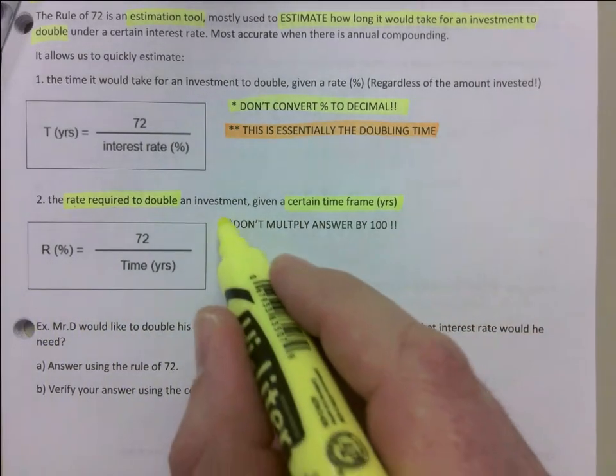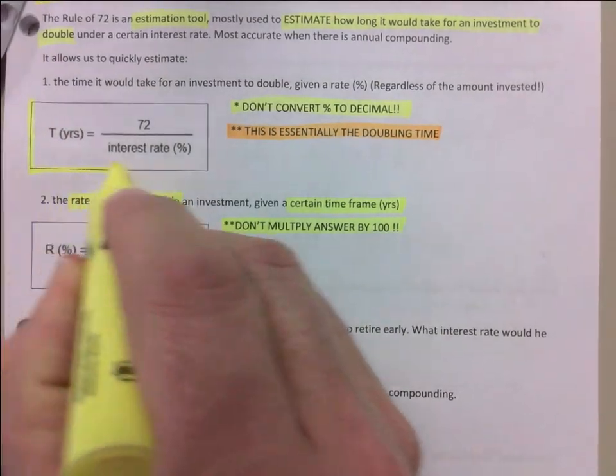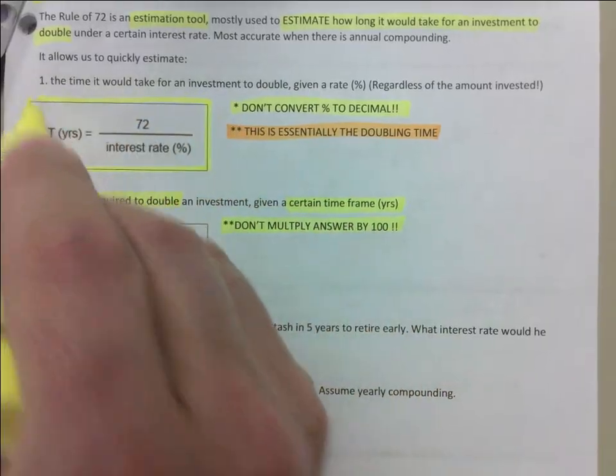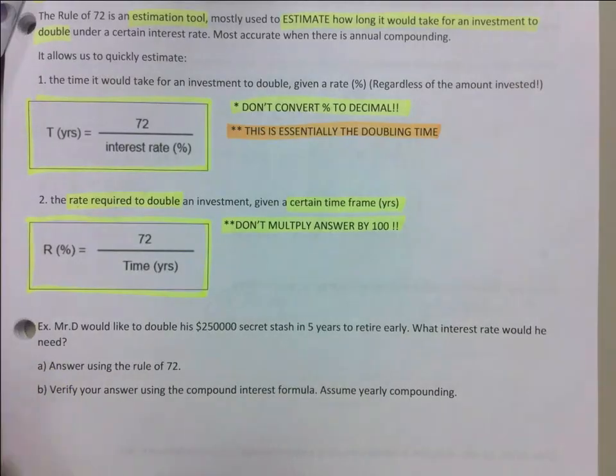And make sure you don't multiply your answer by 100 either. So you don't divide by 100, you don't multiply by 100 ever. So these two formulas, have them on your study sheet, but tell yourselves what they do. Otherwise, you're not going to know what they're doing, okay? Oftentimes we ask you if you understand the concept. So here it is.